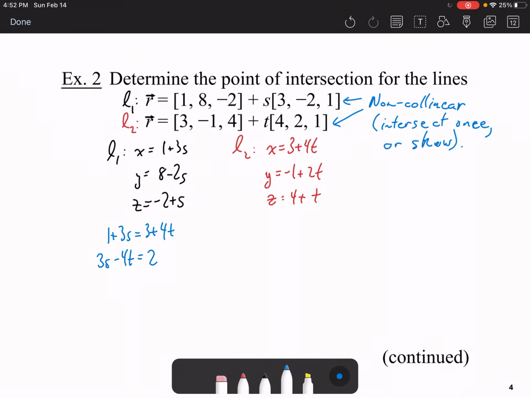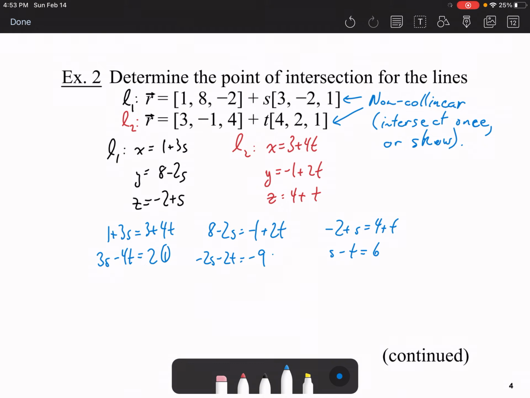Do the same thing for the y's, and do the same thing for the z values. Now you're set up with 3 equations.